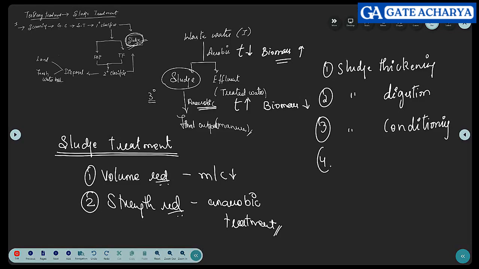The fourth one is sludge dewatering and drying. These are the four processes we are going to perform in order to achieve this tertiary treatment or sludge treatment.